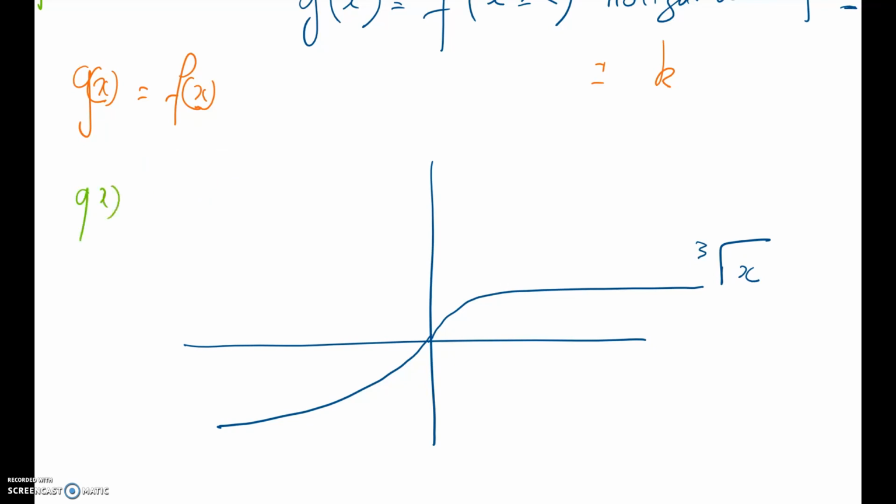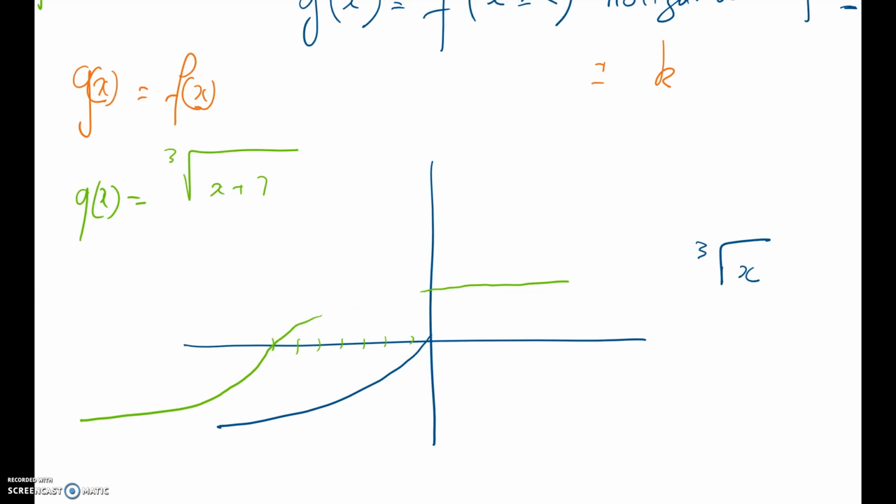If I do now g of x equal the cubic root of x plus 7, I know I'm going to have a 1, 2, 3, 4, 5, 6, 7, something like this. Maybe a little bit up, but we don't care about it. Sorry for that. All right. Very good. You with me?